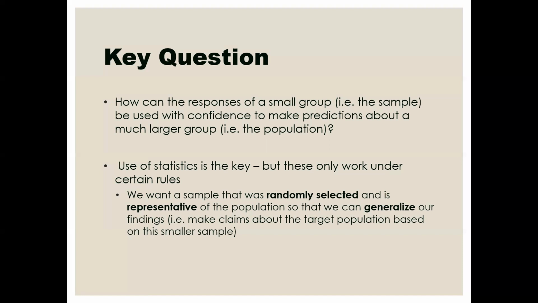And if we assure that we randomly select participants and that our sample is representative of the population, we can generalize findings. We can generalize information from our sample and what we found in our study to populations of people that are similar.